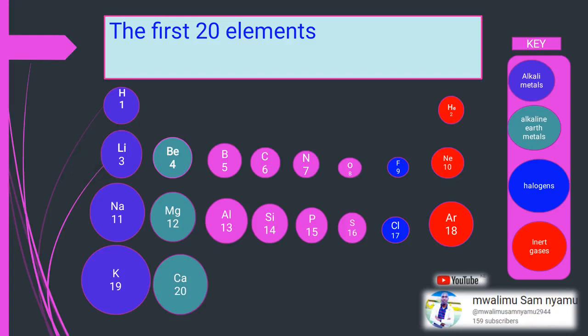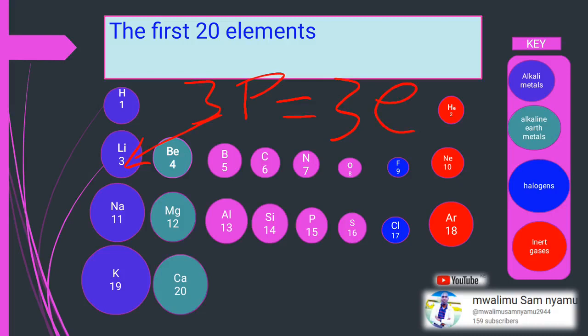Lithium has an atomic number of 3. So that tells you that it has 3 protons. And like I've just mentioned, the number of protons is always equal to the number of electrons. So that means that it will have 3 electrons.